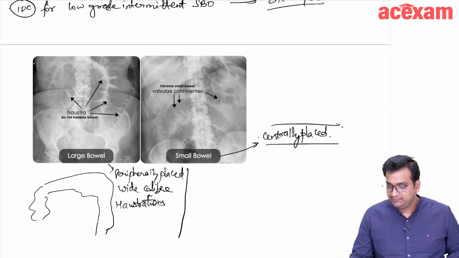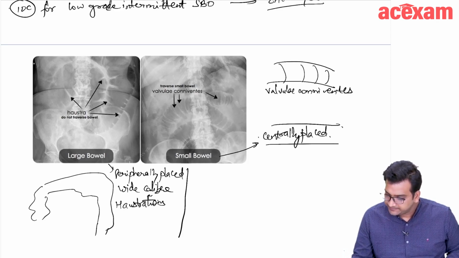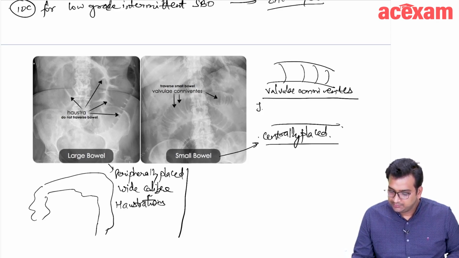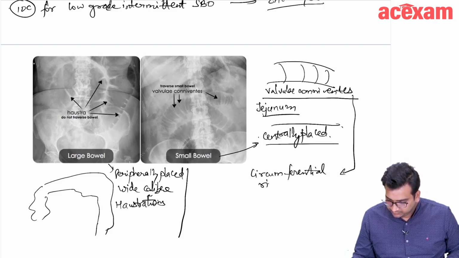And if it is a jejunal loop, generally there is presence of valvulae conniventes in the jejunum. These valvulae conniventes are a circumferential ring-like pattern.